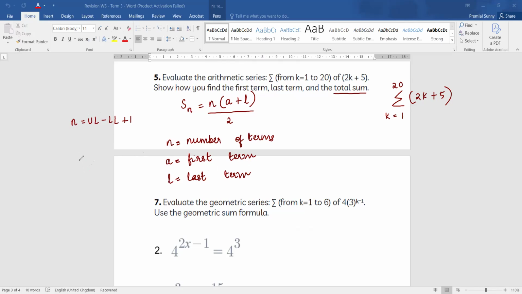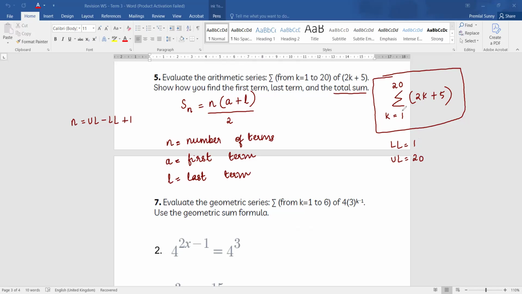Now, first of all, this is our question. Let's identify the values. k is equal to 1 to 20. So the number at the bottom is the lower limit. So the lower limit is 1. The number above is the upper limit. So the upper limit here is 20.